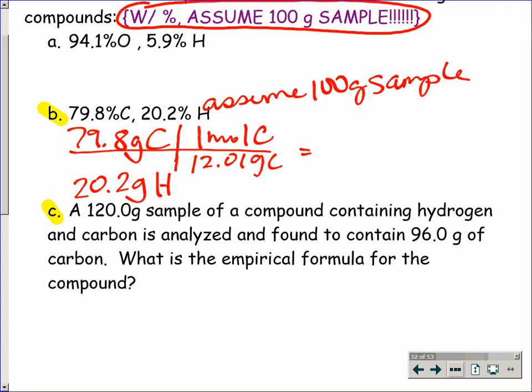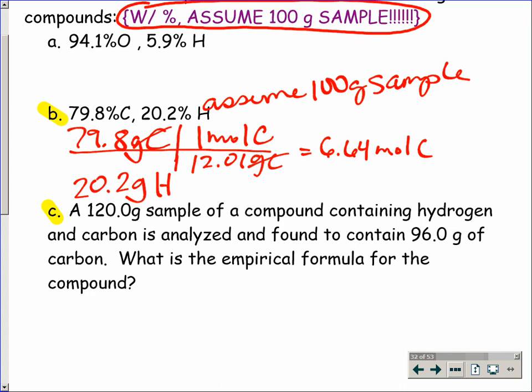Yep, so grams of carbon and grams of carbon cancel. All right, can you guys give me your moles? 6.64. All right, I'm good with rounding a little bit here because we don't want like 18 decimals all the time.